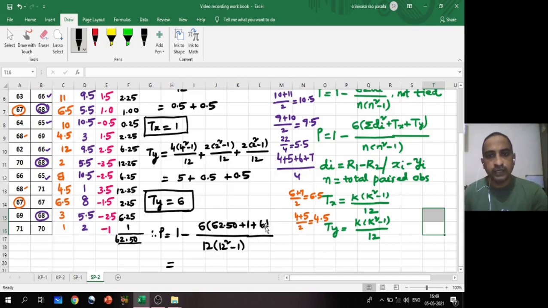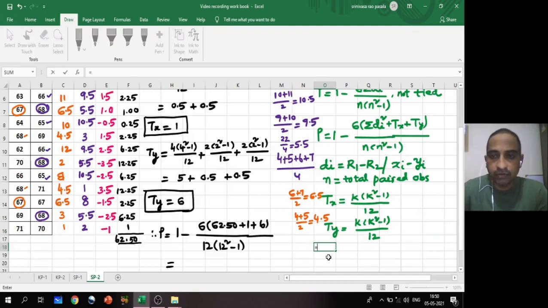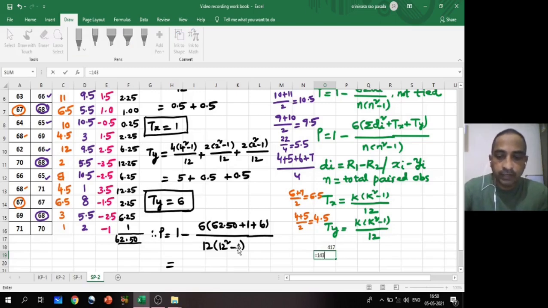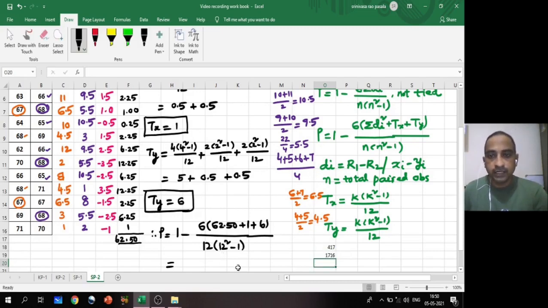So 62.5 plus 1 is 63.5, plus 6 is 69.5, 69.5 times 6 equals 417. So 12 square minus 1 is 144 minus 1, 143, 143 into 12, right? So that is nothing but 1716.